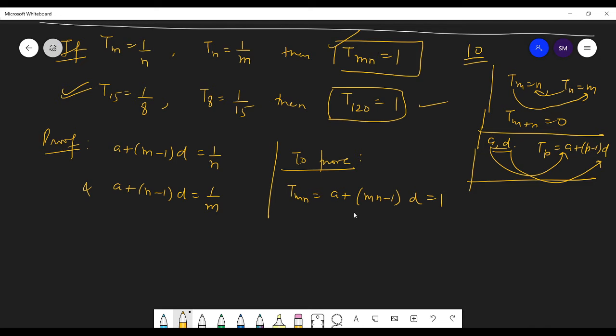So here also you need to put the value of a and the value of d in this, and then you will get 1. Here also you need to find a and d. So this strategy you need to apply here again: find the values of a and d in terms of m and n. Can you do it?